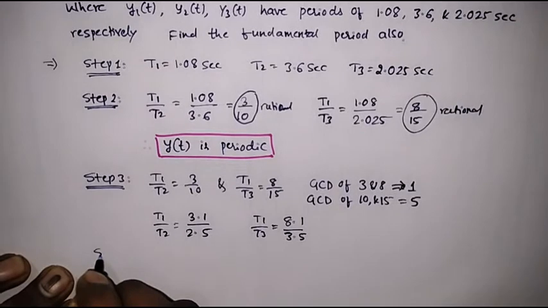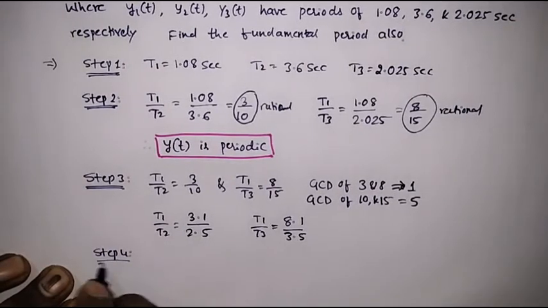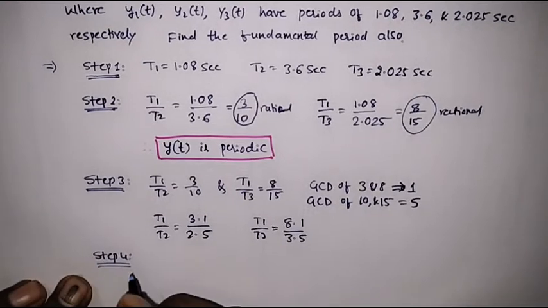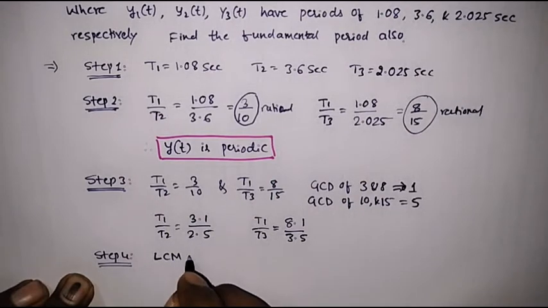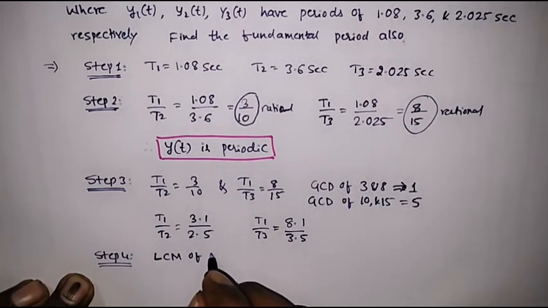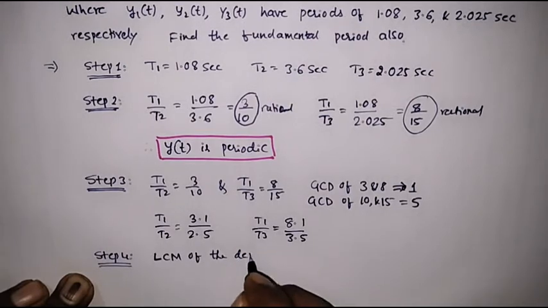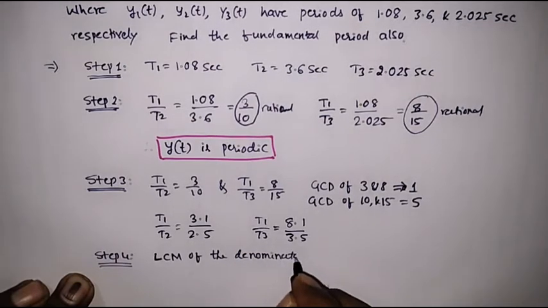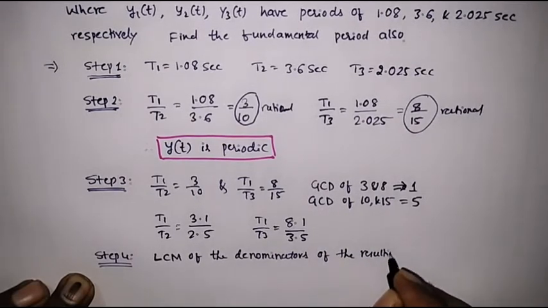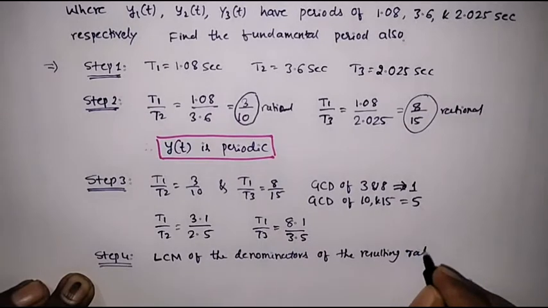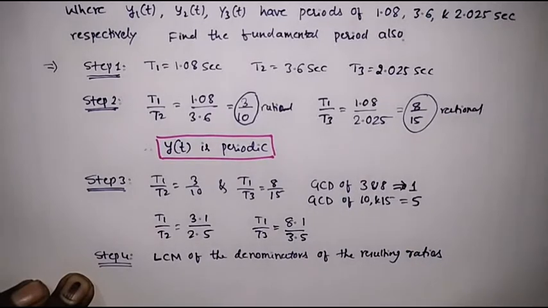Step number 4. In step 4 we are supposed to calculate the LCM of the denominators of the resulting ratios in step 3.